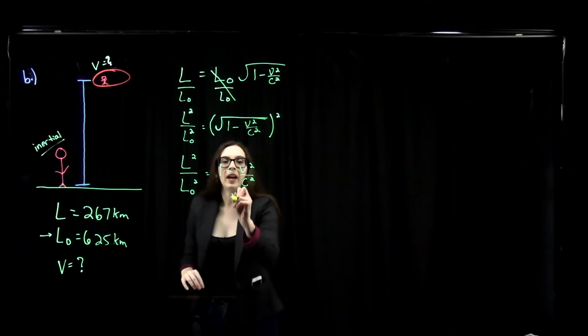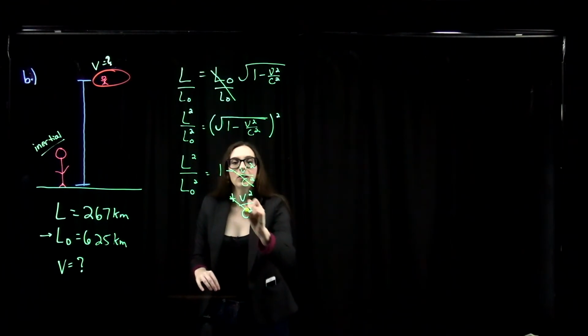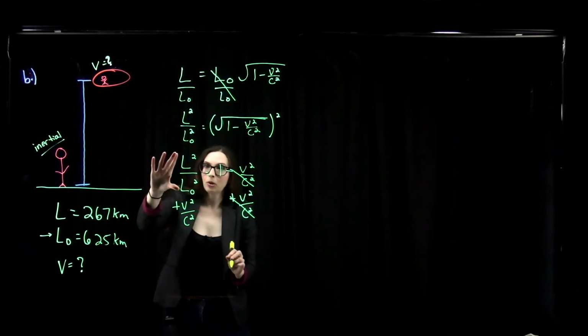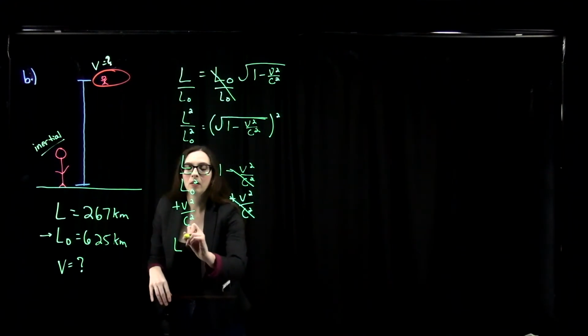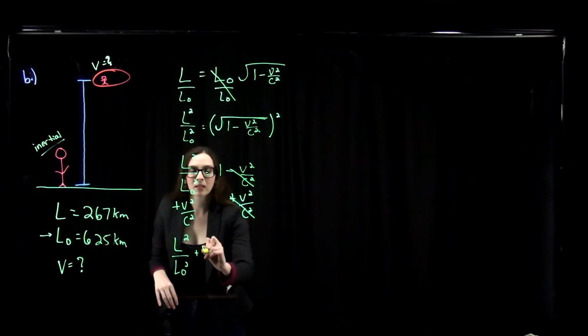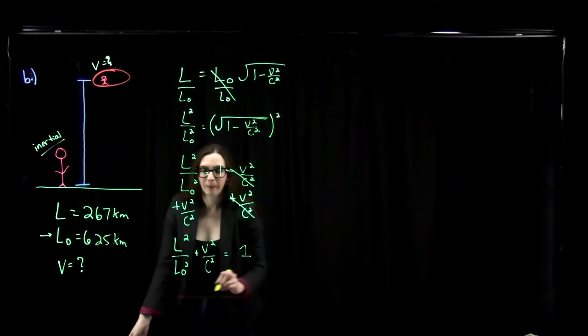Okay, so I'm going to add v squared over c squared. That's going to cancel it over here. And then I'm going to subtract this term and move it to the other side. Well, maybe we'll just write it like this. L squared over L naught squared plus v squared over c squared equals 1.